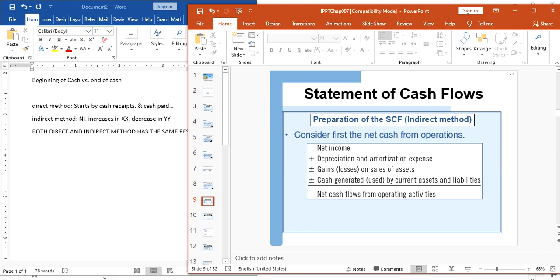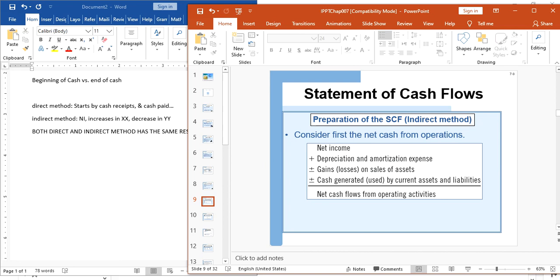So we are here now in the indirect method. That's how it starts. Okay, net income, and then depreciation and amortization expense, which will be positive.